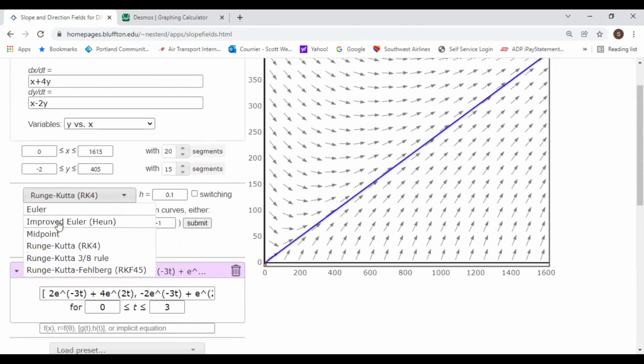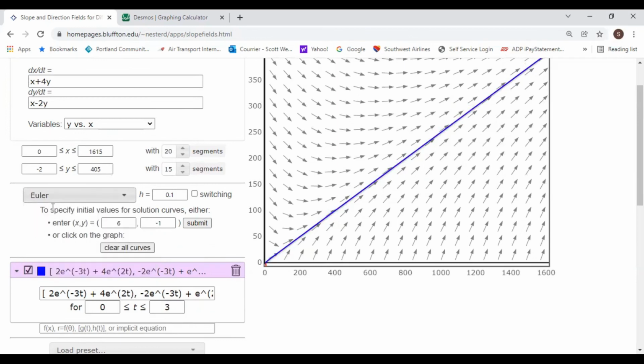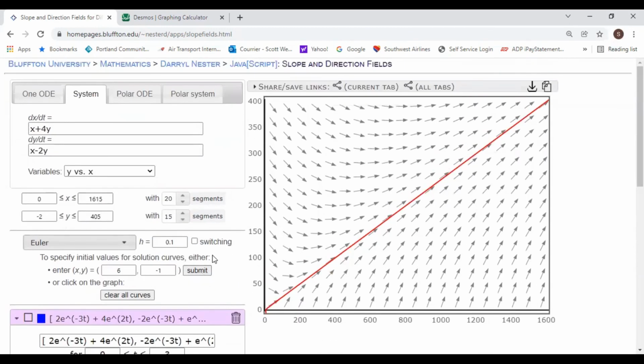If we switch this back to Euler, then they're quite a bit closer than we had any reason really to expect. h equals 0.1.